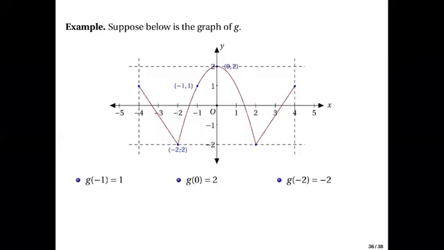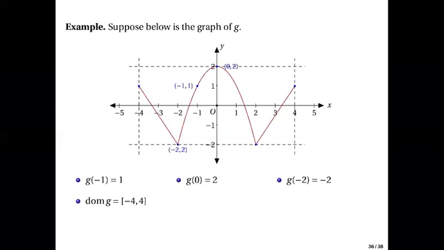Now, let's get more from this graph. The domain of the function g is just from negative 4 to positive 4 because we don't see any graph before negative 4. We also don't see any graph after positive 4.